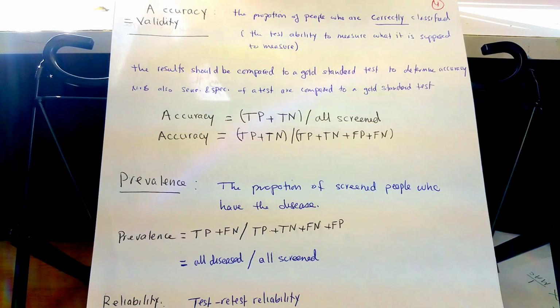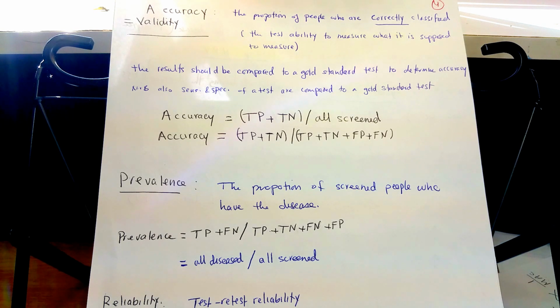We'll talk about accuracy now, or validity. What's accuracy? The proportion of people who are correctly classified. In other words, the test ability to measure what it's supposed to measure. The results should be compared to a gold standard test, we said that before, to determine the accuracy.